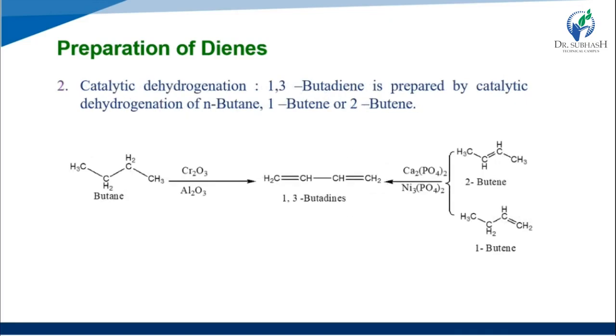Second reaction, catalytic dehydrogenation. In this reaction, 1,3-butadiene is prepared by the catalytic dehydrogenation of butane, 1-butene or 2-butene.